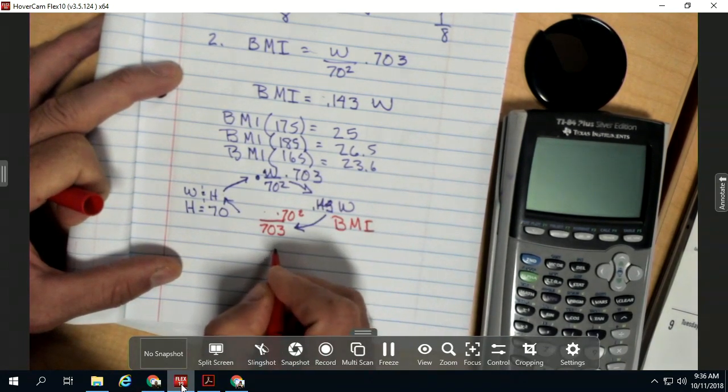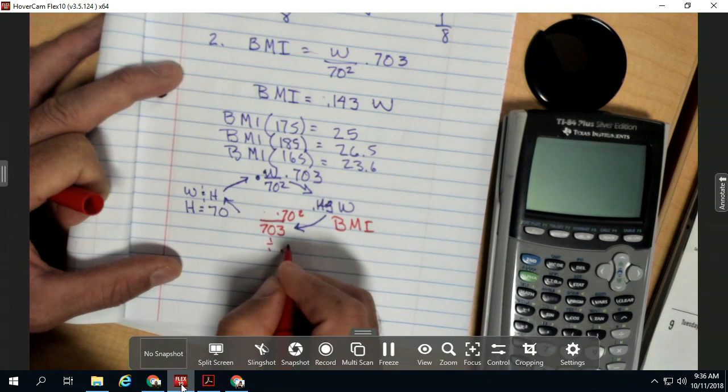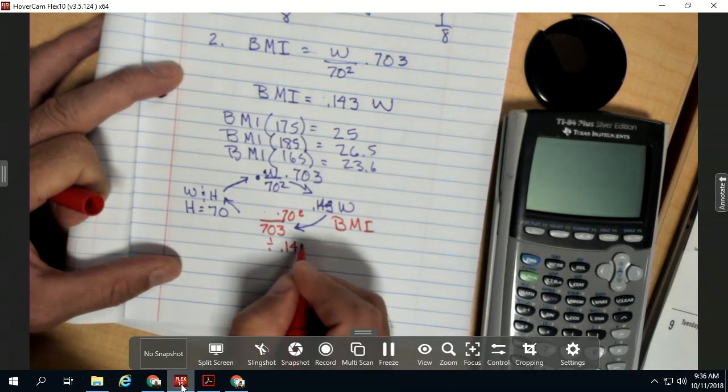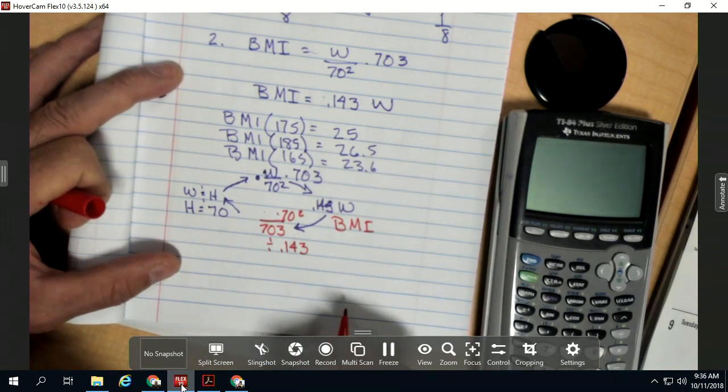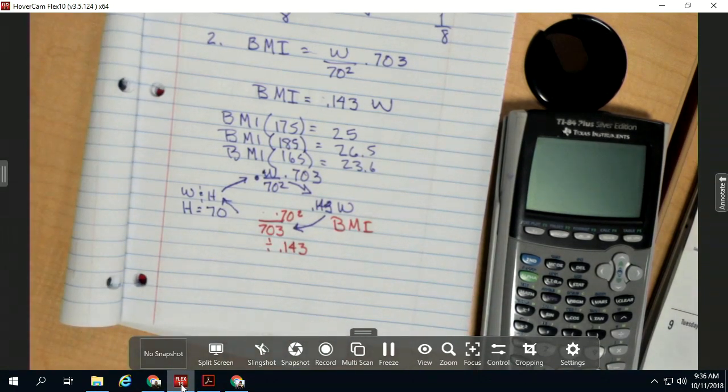Or in other words, we multiplied by 0.143. What should we do if we start with the BMI? Okay? So if we divide the BMI by 0.143, we should get the weight that is in that category.